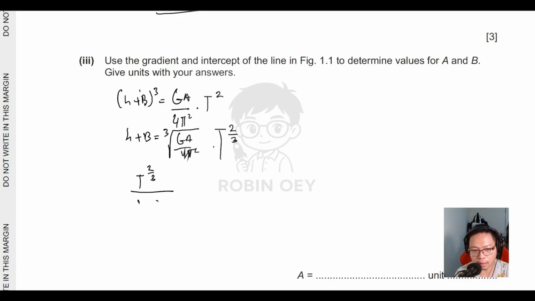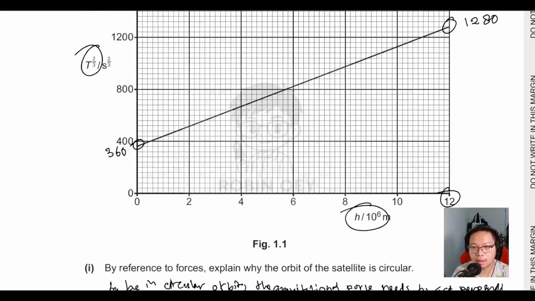If we see here, we have to flip, so h plus b would be the cube root of 4 pi squared over G A. Okay, now once we have it in this form, we just need to use the data.